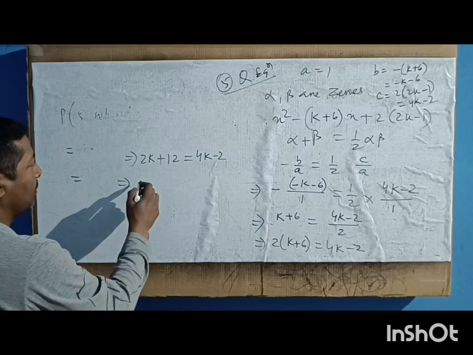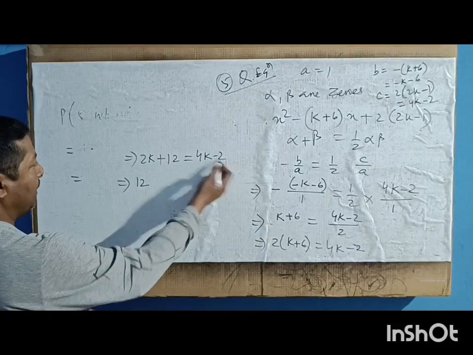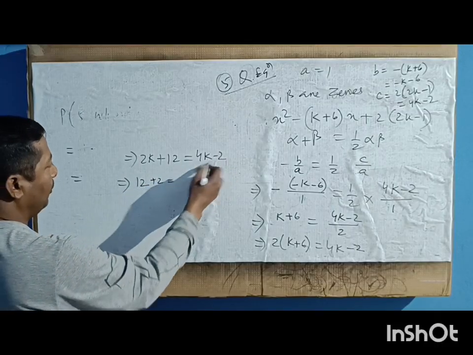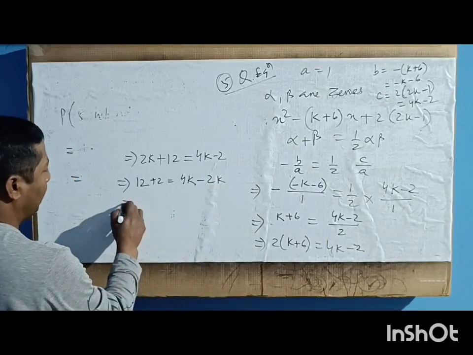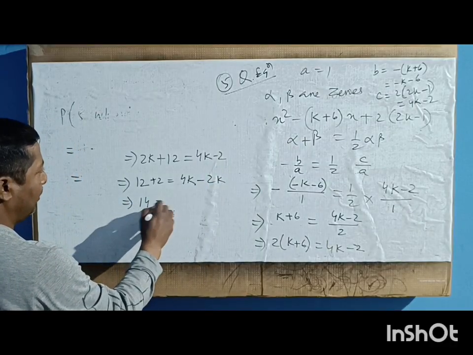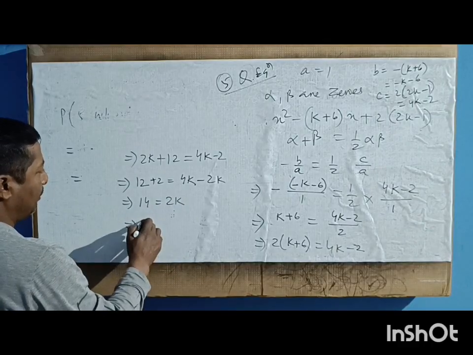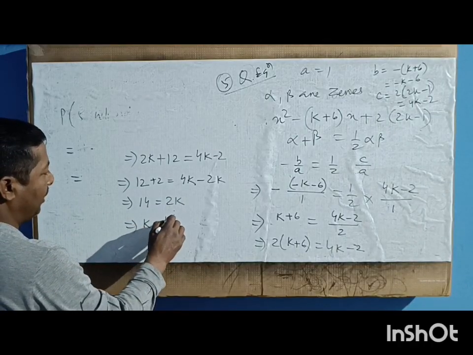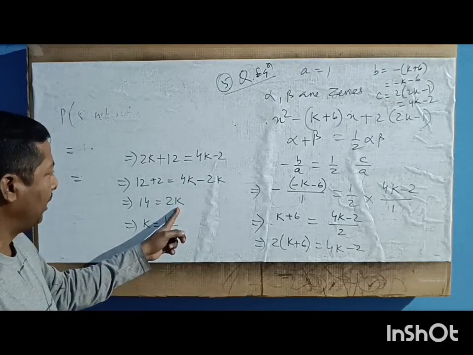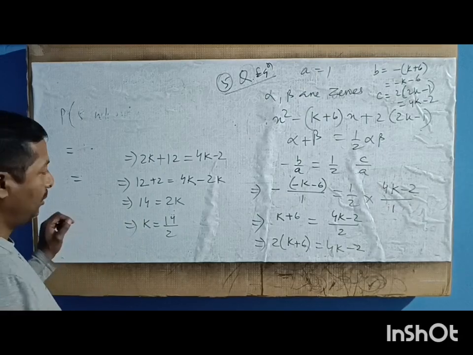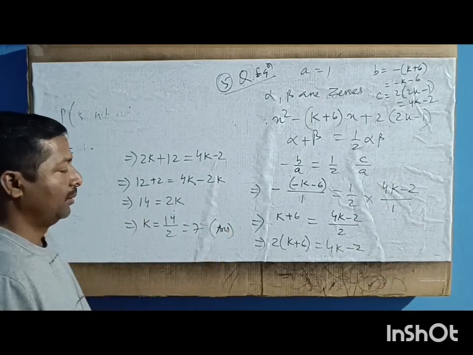Take this 12 and the minus 2 across: 12 plus 2, 14, equals 4k minus 2k, 2k. So k will be 14 by 2, so 7 will be the value of k.